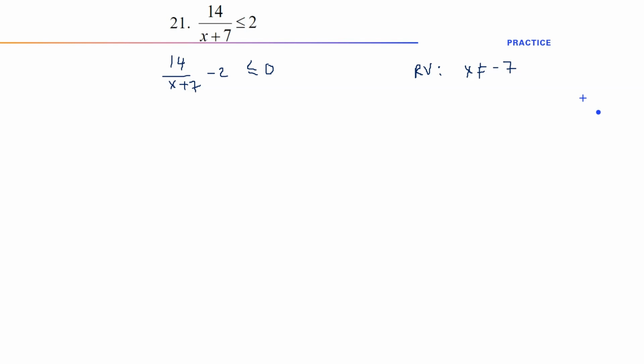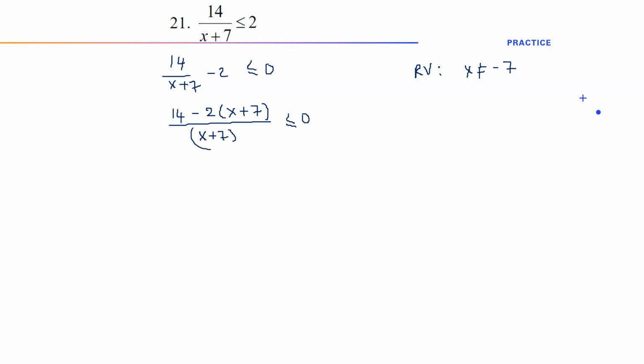And now we can find the least common denominator, which is x plus 7. So we multiply 2 by x plus 7 over x plus 7.